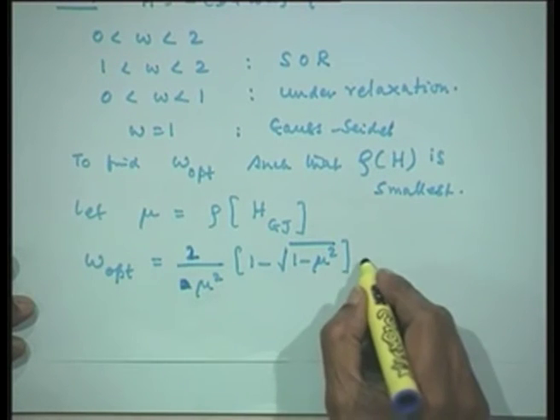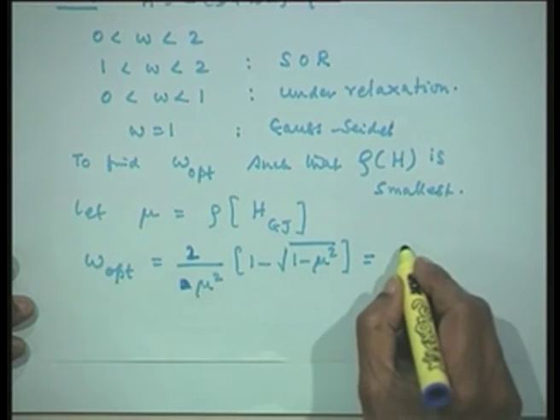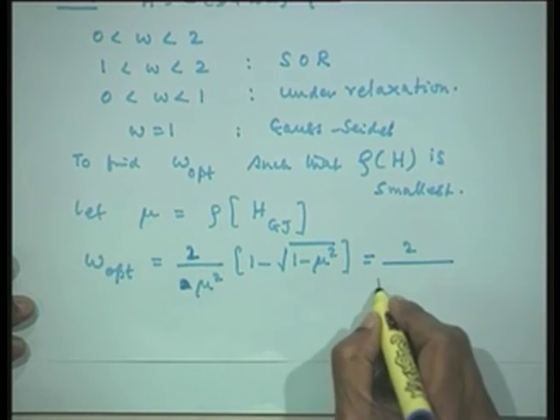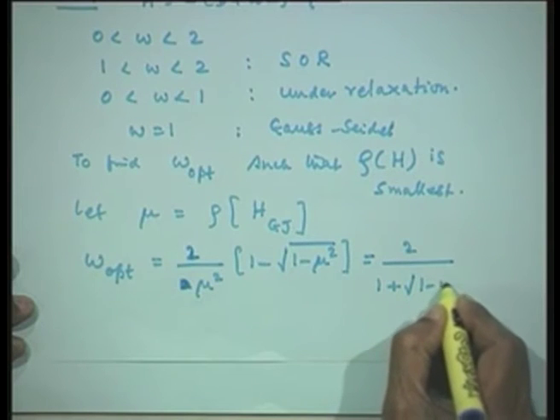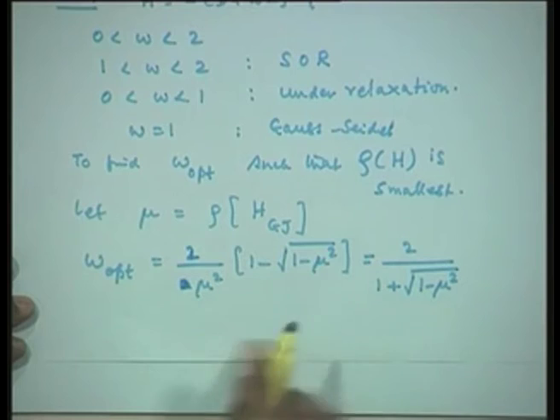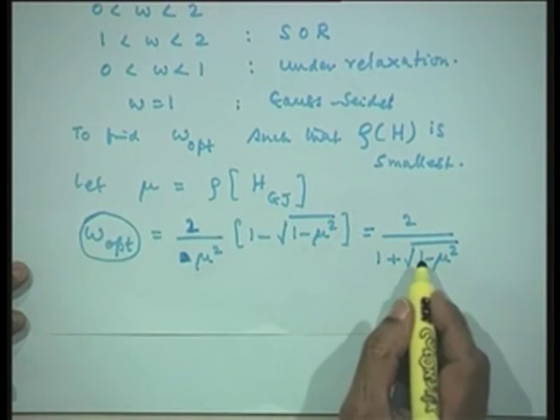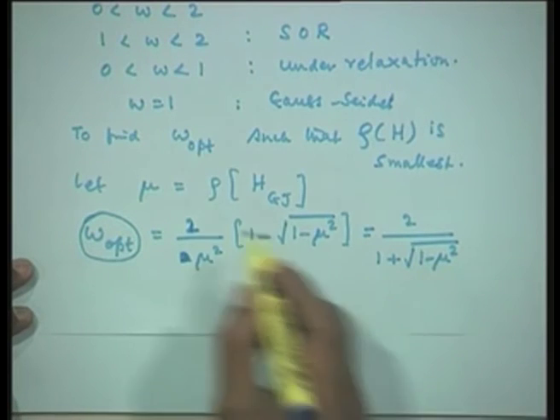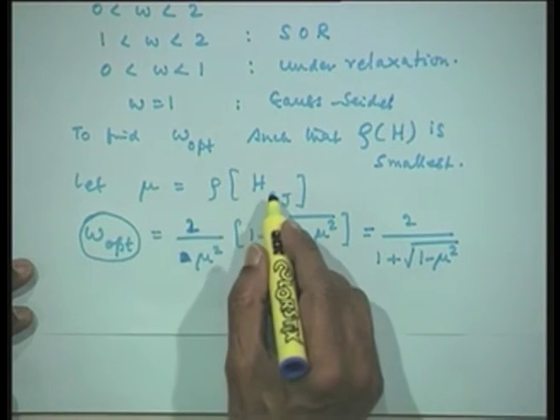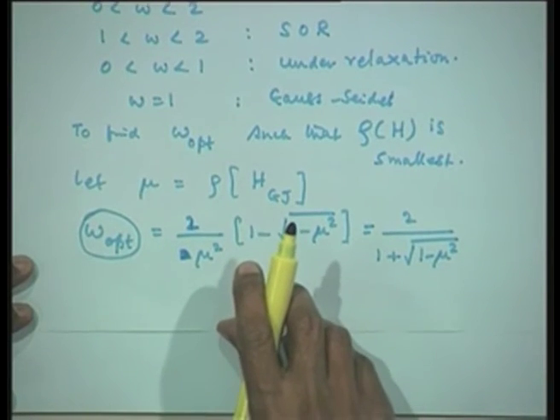Alternately, we can rationalize it, bring this to the denominator, then this will cancel off and I will be left with only 1 upon 1 plus under root of 1 minus mu square. So, either I use this form or that form. Therefore, the omega optimum will be obtained by finding the spectral radius of the Gauss-Jacobi scheme, using that value and finding omega optimum.